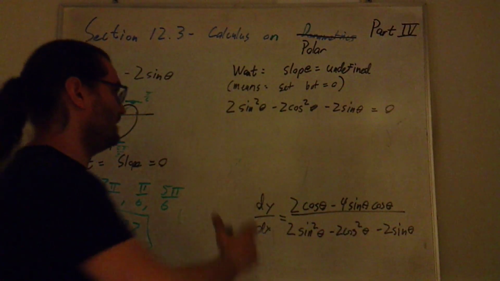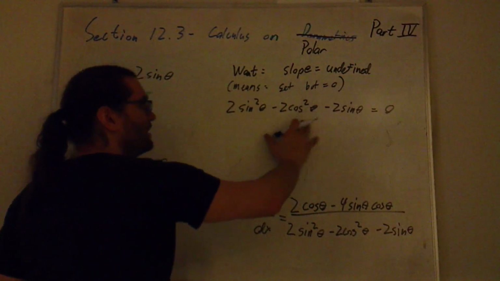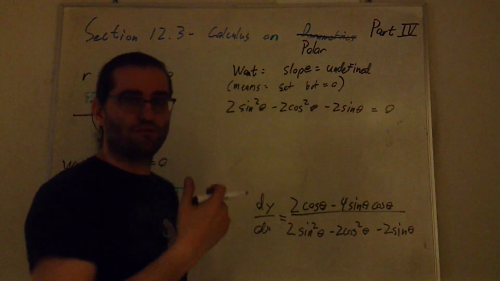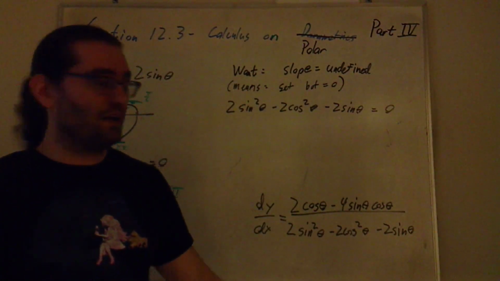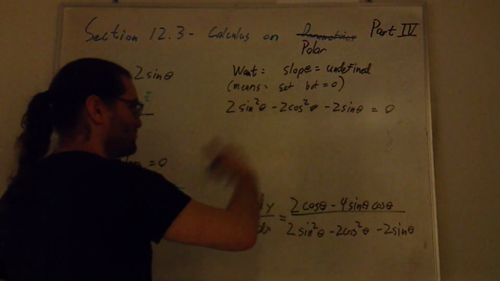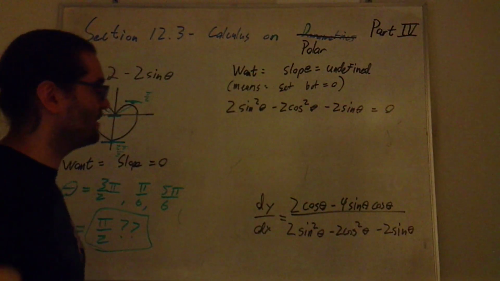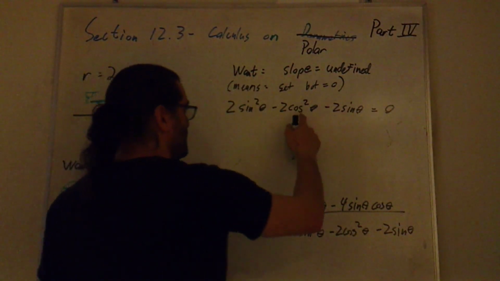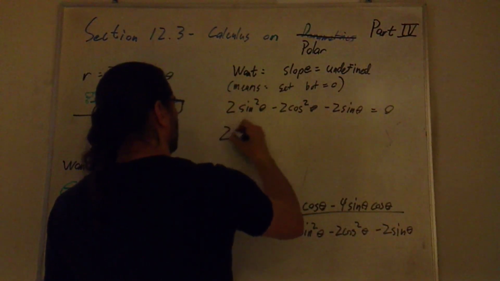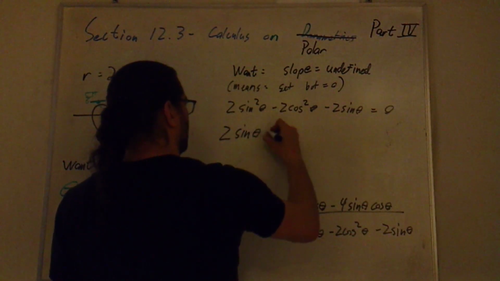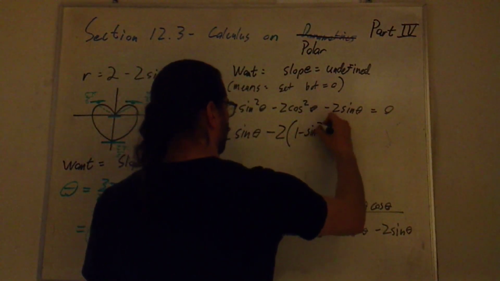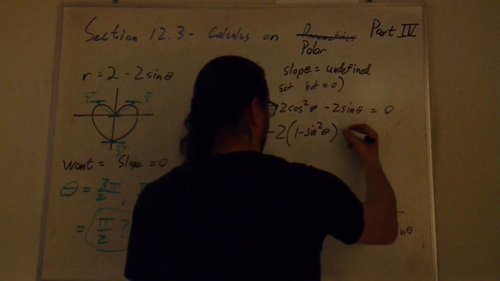I'll call it A. If I can turn this into a sine, I can set sine equal to A, and then this thing would just be some straightforward quadratic. I could solve the quadratic. I could swap out my A back for a sine, and then go from there. And I'm going to do that by transforming this cosine squared into 1 minus sine squared using the Pythagorean identity.